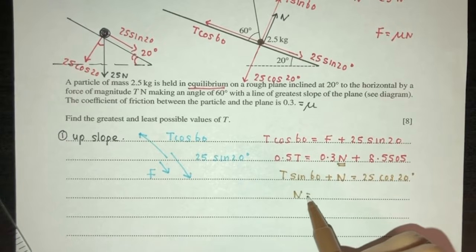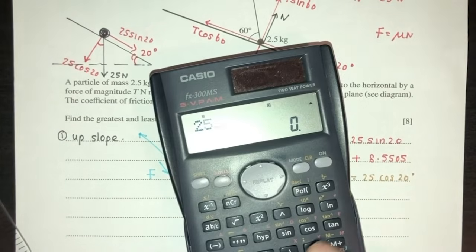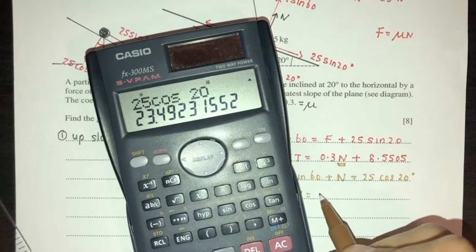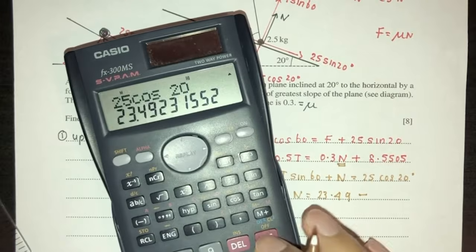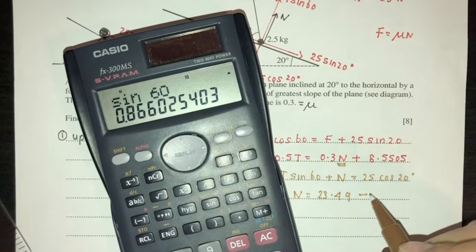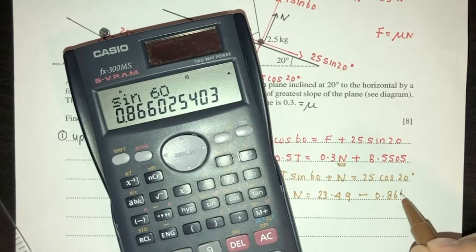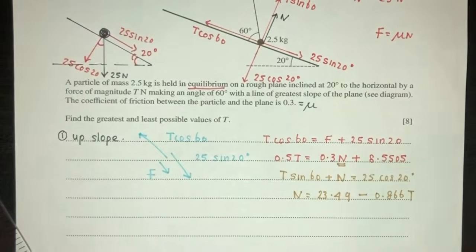So N has to be, what is 25 cos of 20? That will be 23.49 minus sine of 60, which is 0.866 T. That will be your equation to find the value of N.